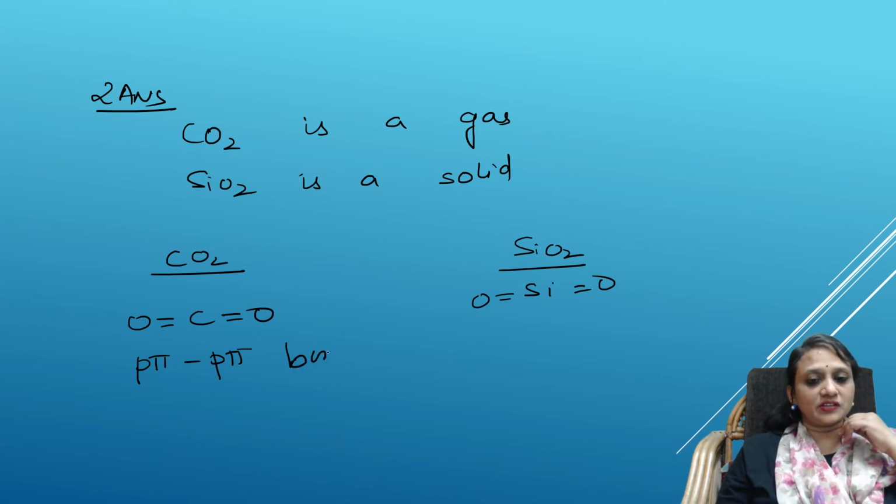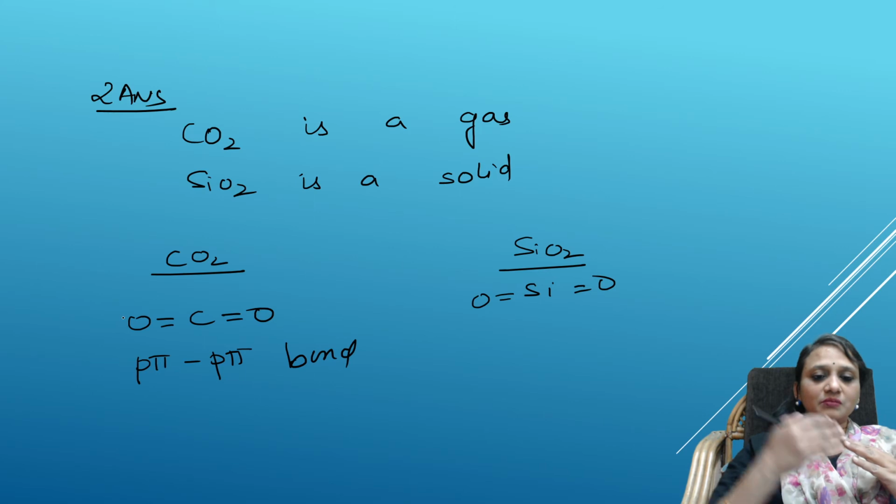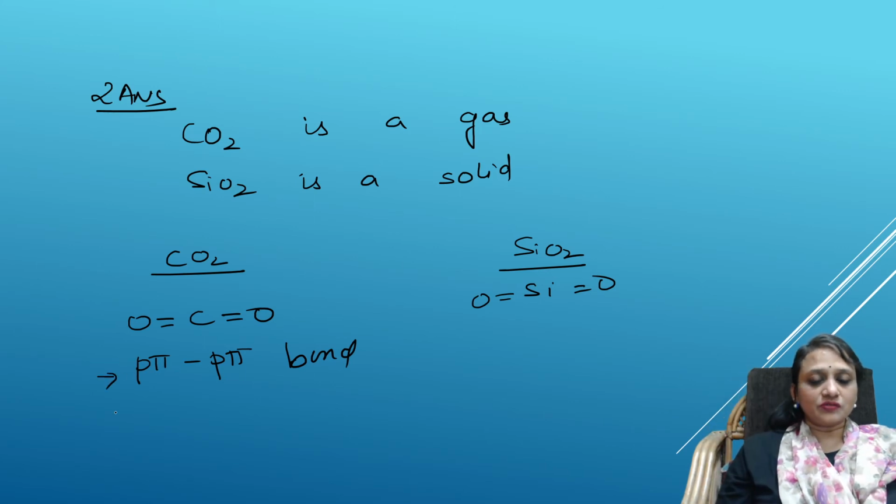Because of this, it is a monomeric discrete molecule. Correct? It will exist like this only: carbon, oxygen. So we call this a single unit.